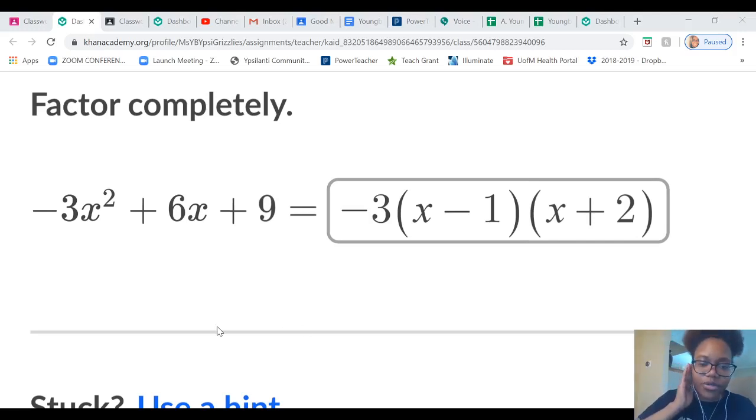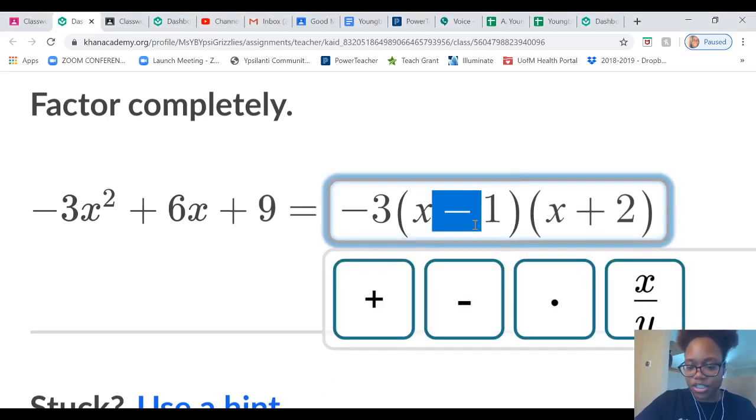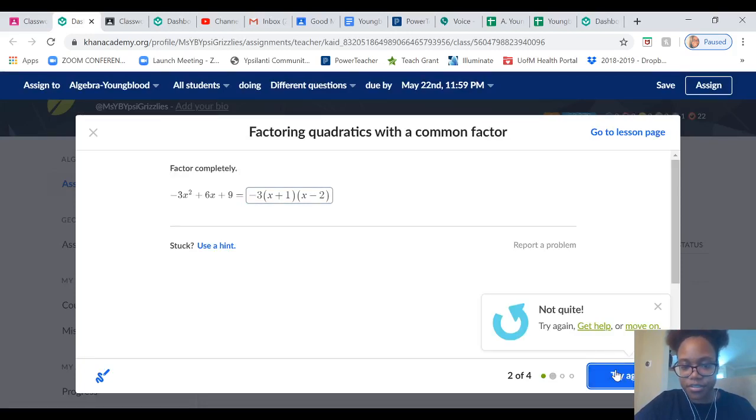Okay, so we are looking at our final answer, x plus 1 times x minus 3. My apologies, I just had a few notifications from my students. X plus 1 times x minus 3. Okay. Check. Minus 3 is what I get.